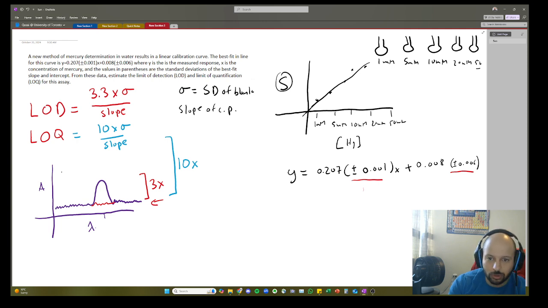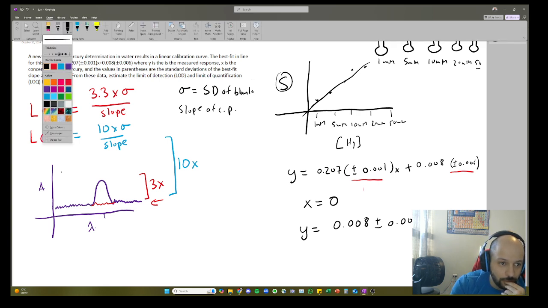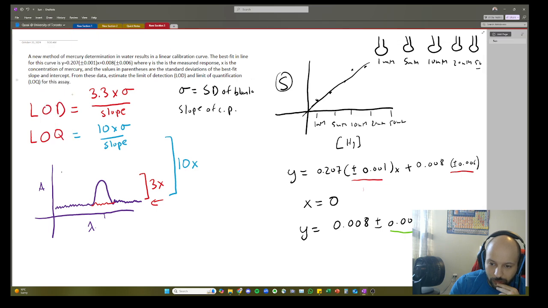Let's say if it was an absorbance, the absorbance that I get from the blank, and I could get the standard deviation, right? And that's really simple. I just need to set x equal to 0. So if x is equal to 0, then y is equal to 0.008 plus minus 0.006. And my standard deviation that I'm looking for, all right, we'll do a different color, is right here.